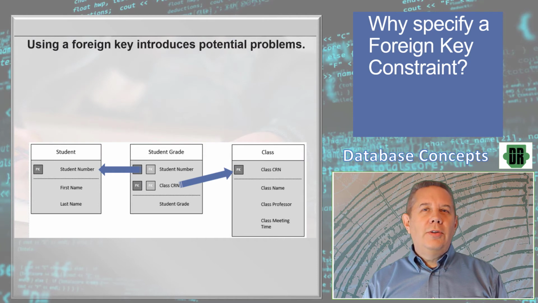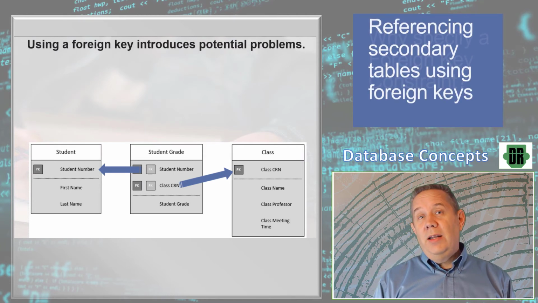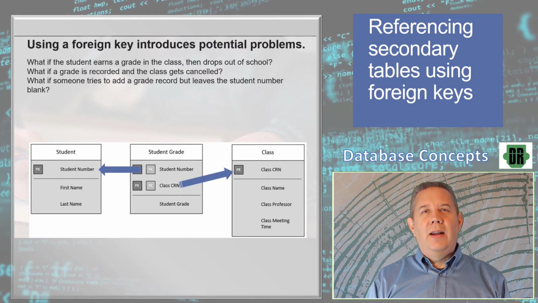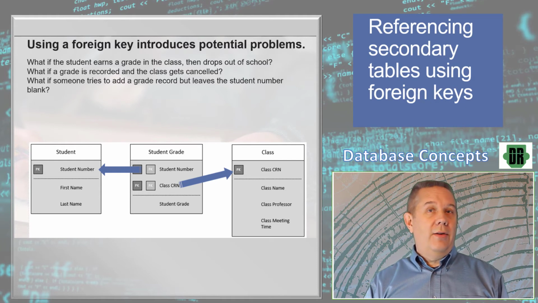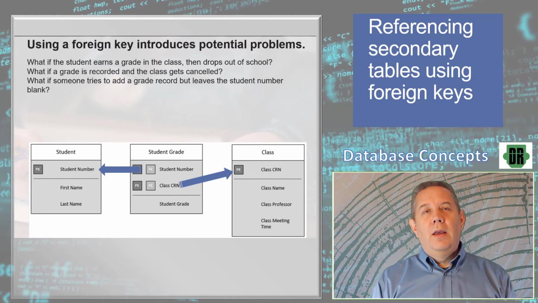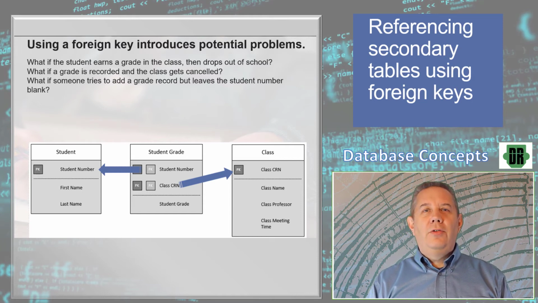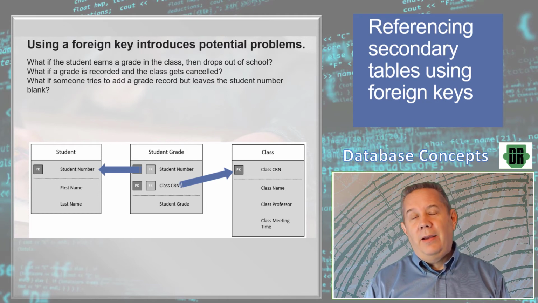When you use foreign keys, you could run into potential problems. So what if, for example, a student earns a grade in a class and then drops out of school and his student record is removed from the student table? Or what if a grade is recorded and the class gets canceled? Or what if someone tries to add a grade record but leaves the student number blank?